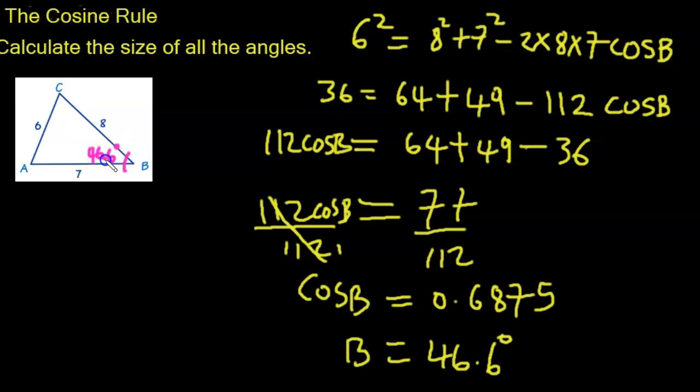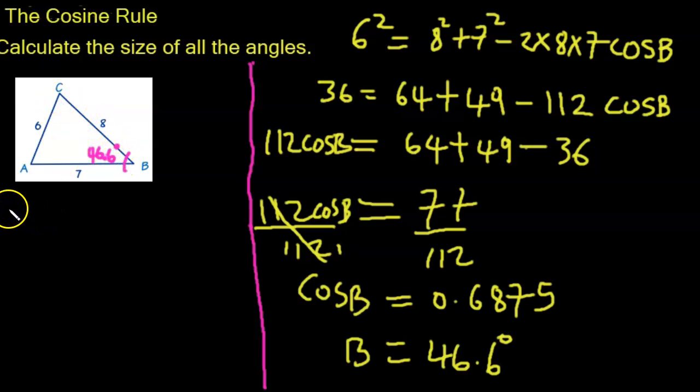Okay. We can also use the same cosine rule to find another angle. Now, let me begin by using the 8. Let me just separate this to make some space here. So I'm going to begin the cosine rule now using this side, 8.